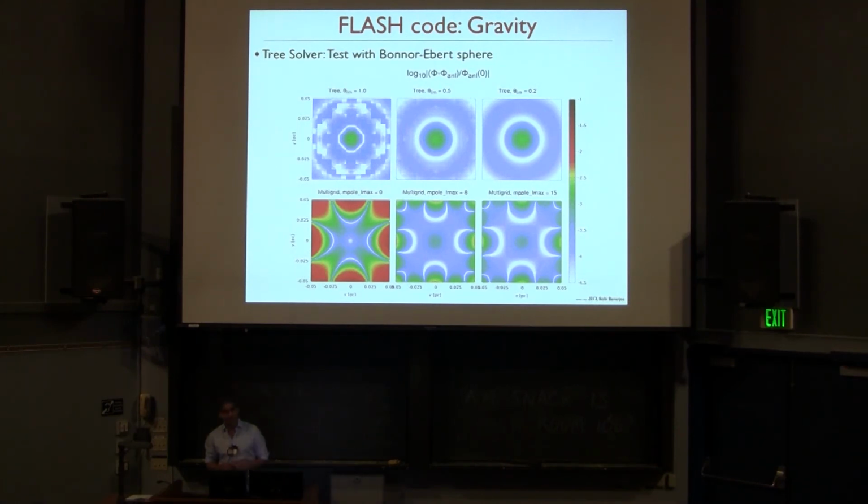You can also compute the gravitational potential for the Bonner-Ebert sphere analytically, or at least with a simple numerical integration scheme. And you see how the errors are distributed. You get the larger errors essentially in the center, whereas for the other schemes that's not necessarily the case. So you get a distribution of errors, and the errors become larger, for instance, for the multi-grid method in the outside region.